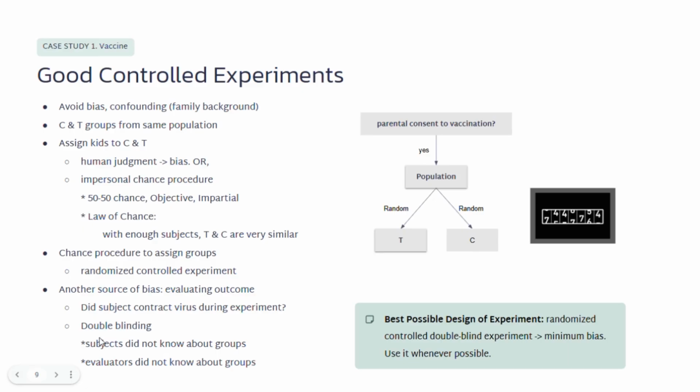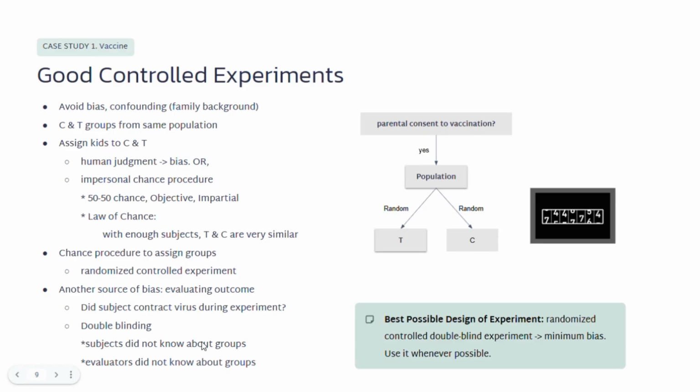But the question is, basically during the evaluation of the outcome of the experiment, in this case the vaccination case, you have to decide, did the subjects contract the virus during the experiment or not?